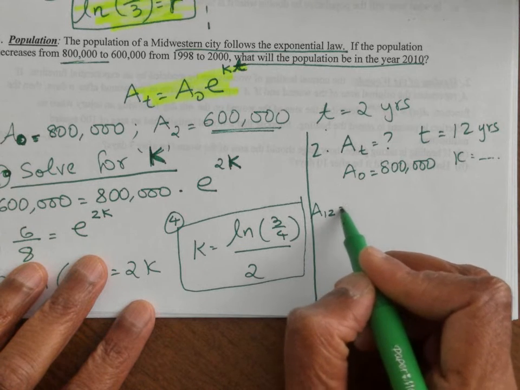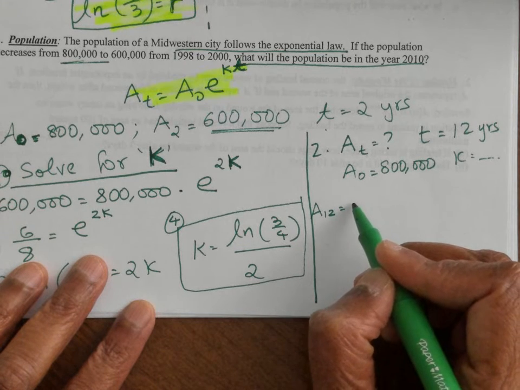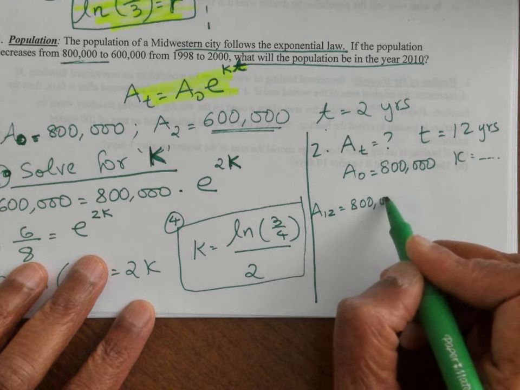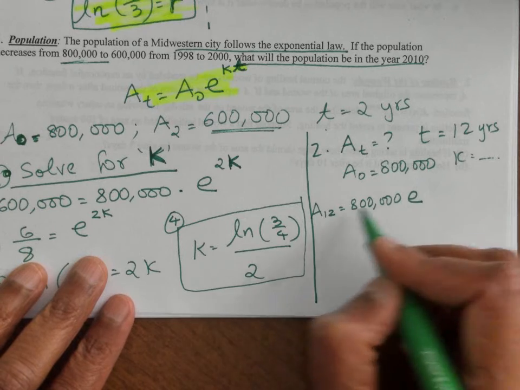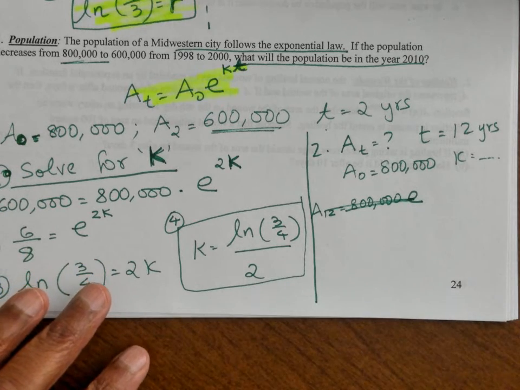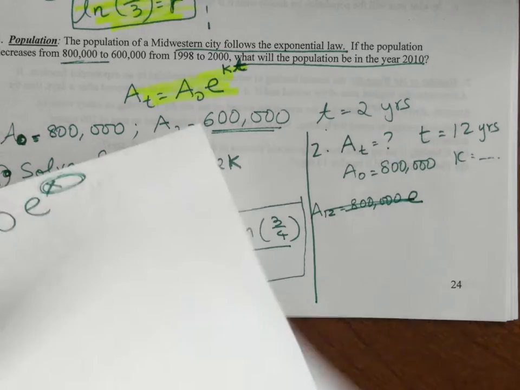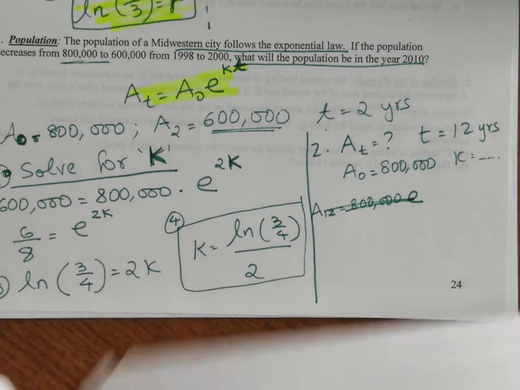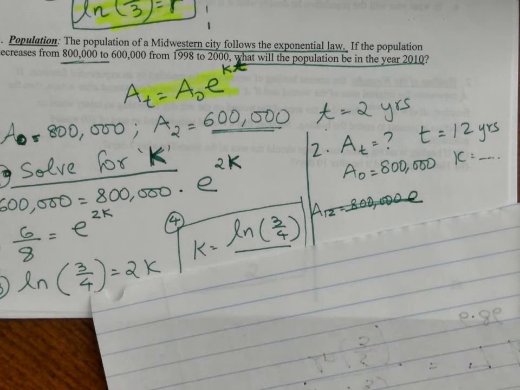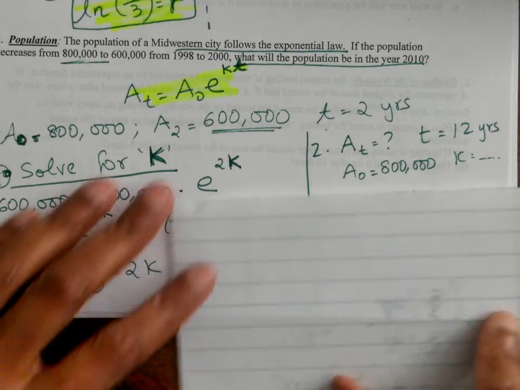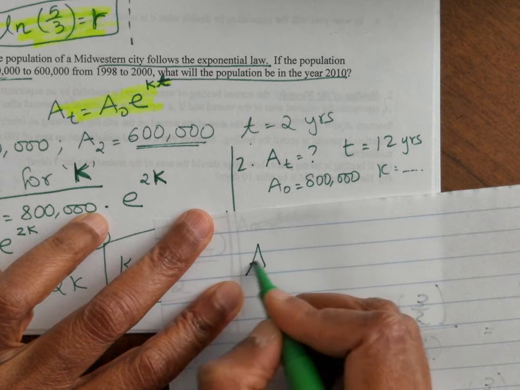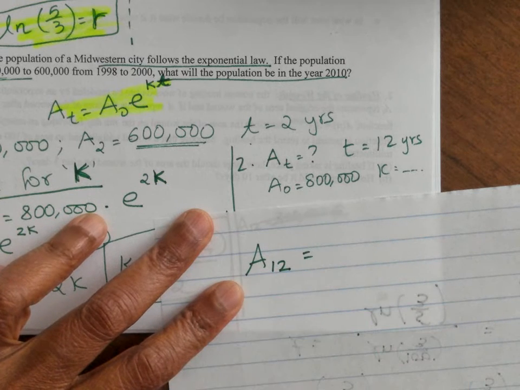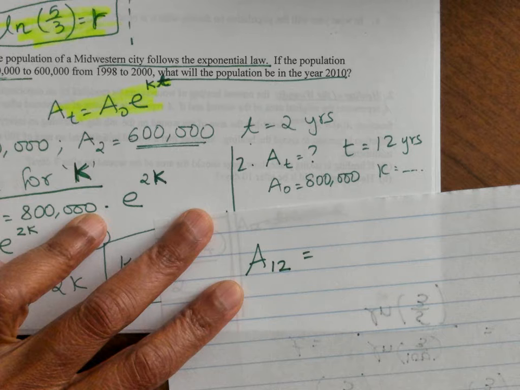A after 12 equals A0, 800,000, e to the power of, okay, I'm going to use a different piece of paper. I'm scribbling, it's not enough space. If you know it is in 2000, could you do A10 and then have A0 be 600,000?